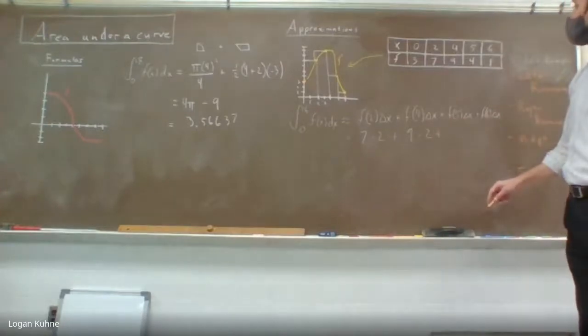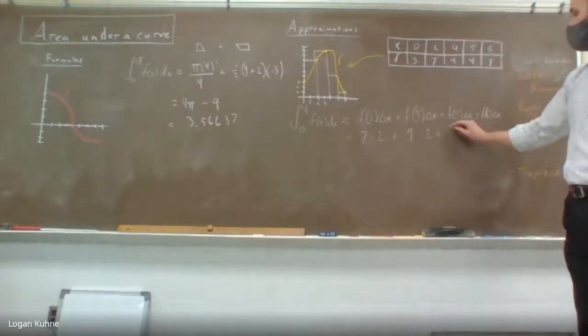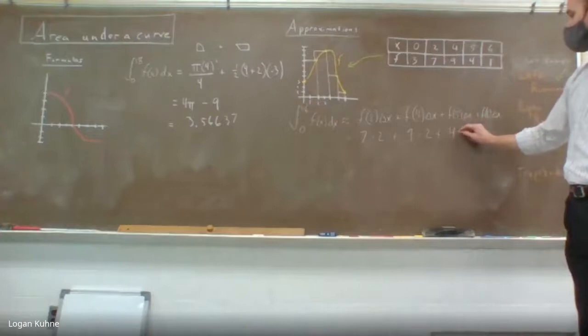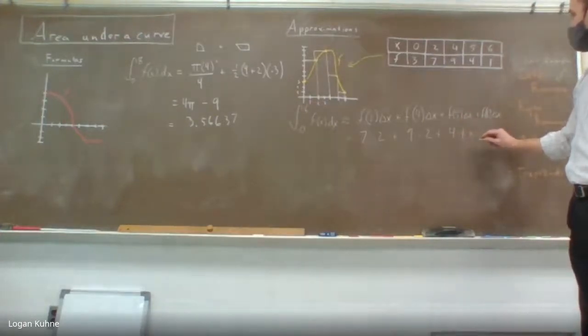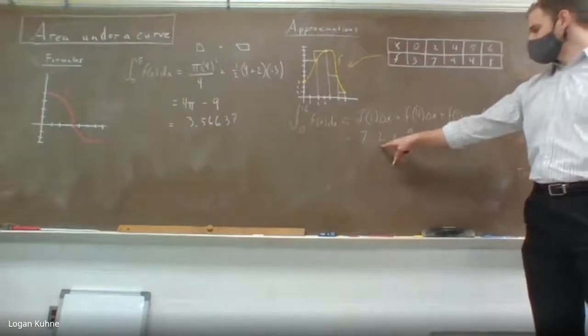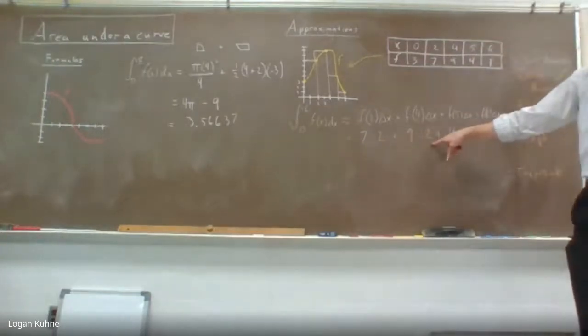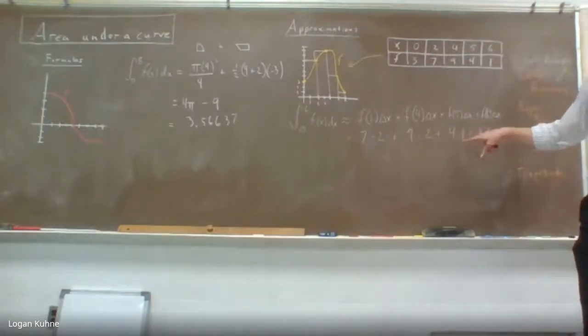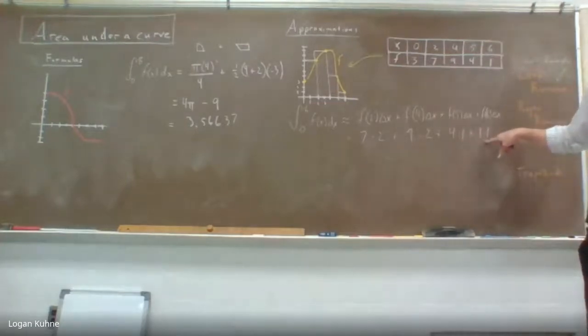And we got, let's see here, 4 times 1, and then 1 times 1. All right, so let's see here, 14 plus 18, 32, 36, 37, is my math right?